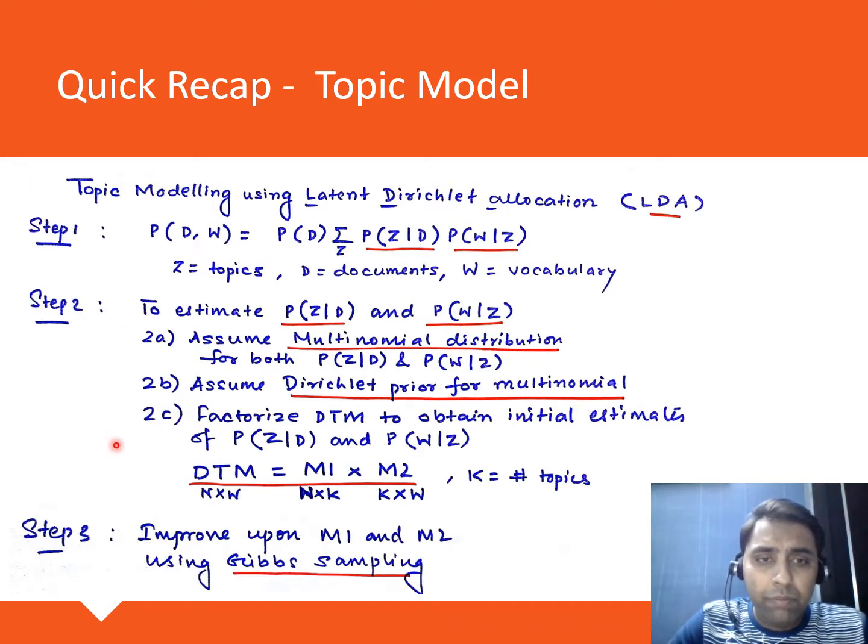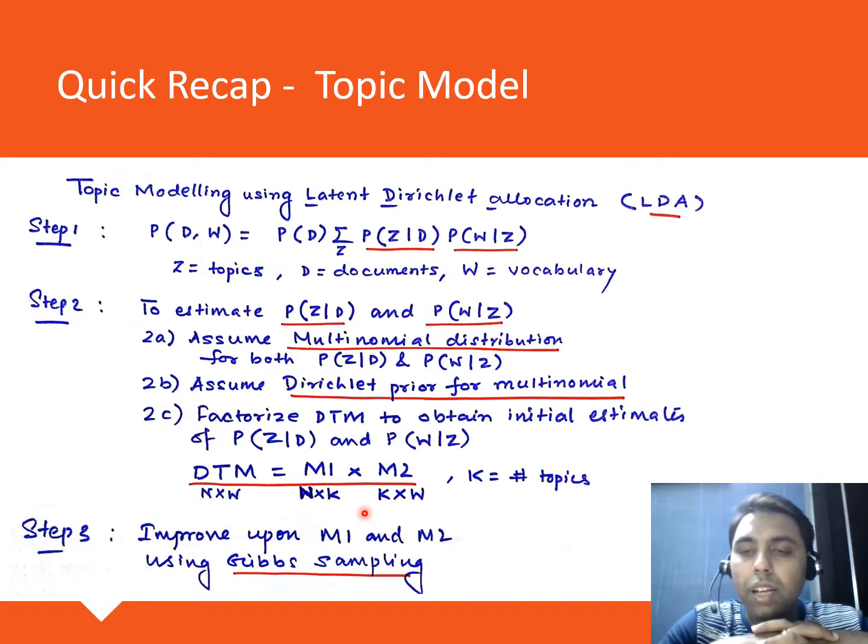And the third step in step 2 is basically to factorize the document term matrix into two sub matrices, two matrix products, which will give initial estimates of these two conditional probabilities. And how the initial estimates are obtained is, at the initiation stage, in every document, every word is randomly allocated to one of the k topics.